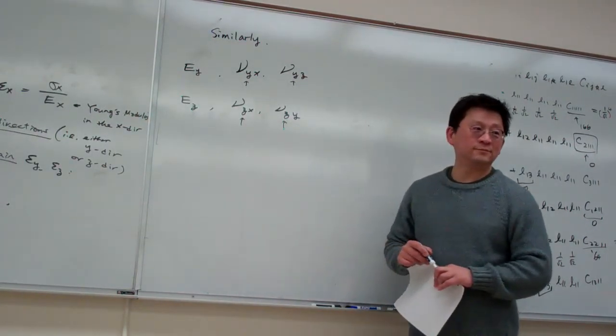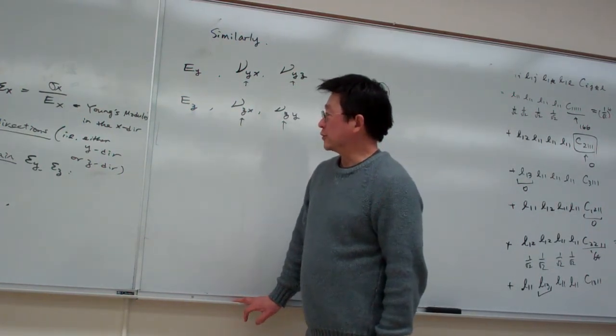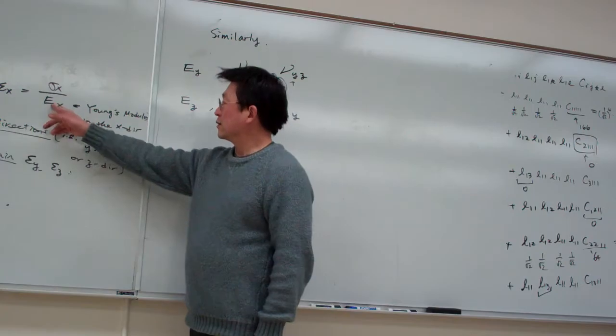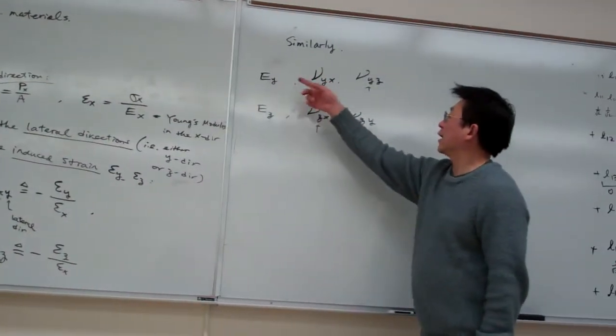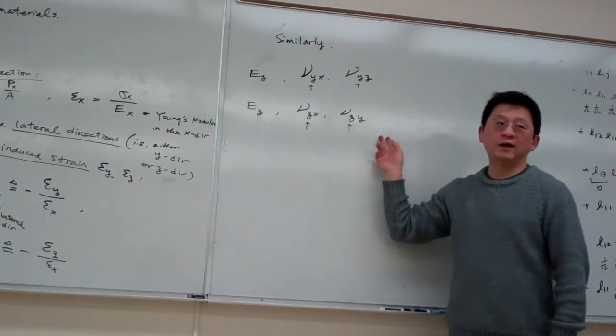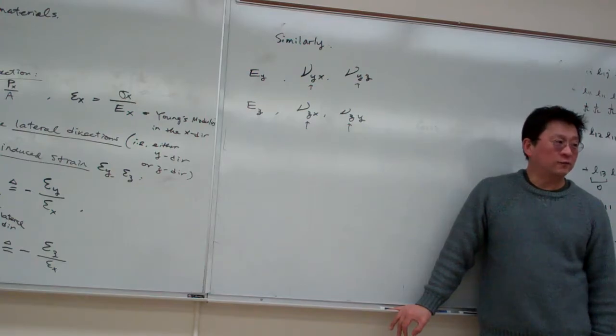And how many parameters do we introduce? 1, 2, 3, and 6, and 9. Right? 9 different material properties already so far.